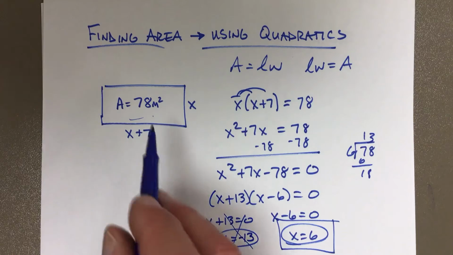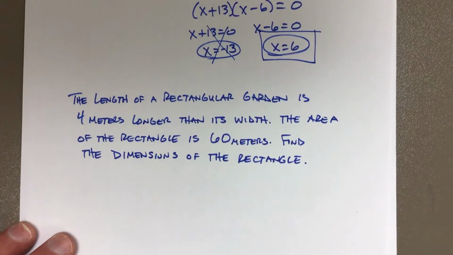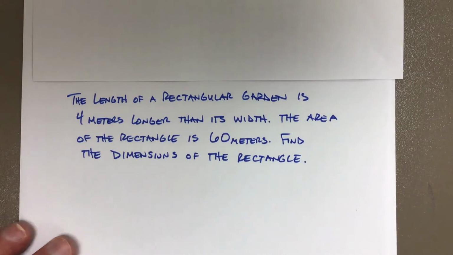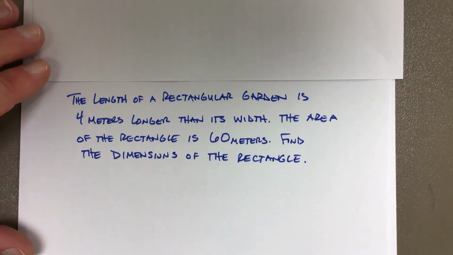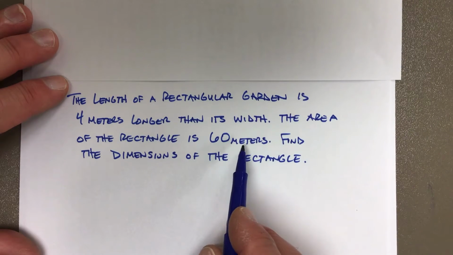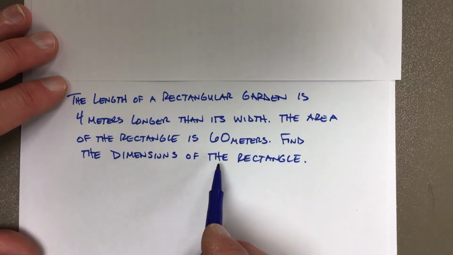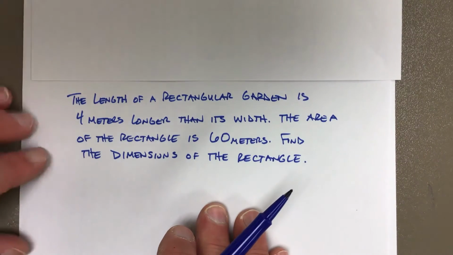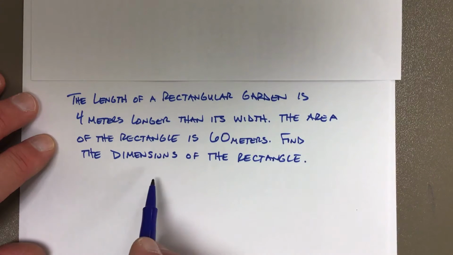Okay, what about a word problem? This is a diagram. They're going to do this. So if I have this word problem here and say that the length of a rectangle garden is 4 meters longer than the width, right? The area of the rectangle is 60 meters, so find the dimensions, right? So make sure that you understand that we would draw a diagram.